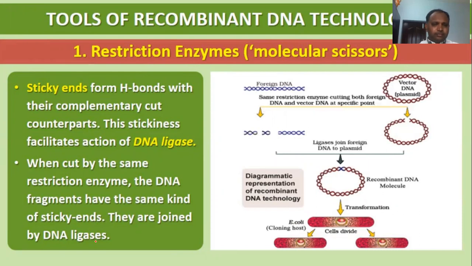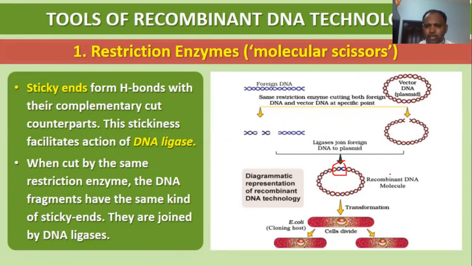And so you see another example is given. The foreign DNA here, we have taken the vector DNA, and we are cutting this DNA at a specific point using a restriction endonuclease. The vector also, the same enzyme we can use to cut the vector DNA. Now the piece of foreign DNA is inserted here and ligated using DNA ligase.